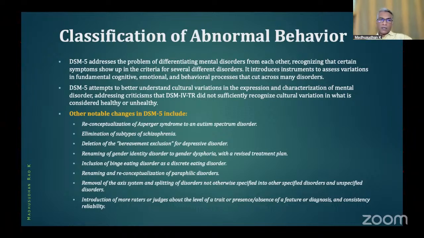Also the deletion of the bereavement exclusion from depressive disorder, renaming gender identity disorder to gender dysphoria with a revised treatment plan, inclusion of binge eating disorder as a discrete eating disorder, reconceptualization of the paraphilic disorders, removal of the axis system, and splitting of disorders not otherwise specified into other specified disorders and unspecified disorders.